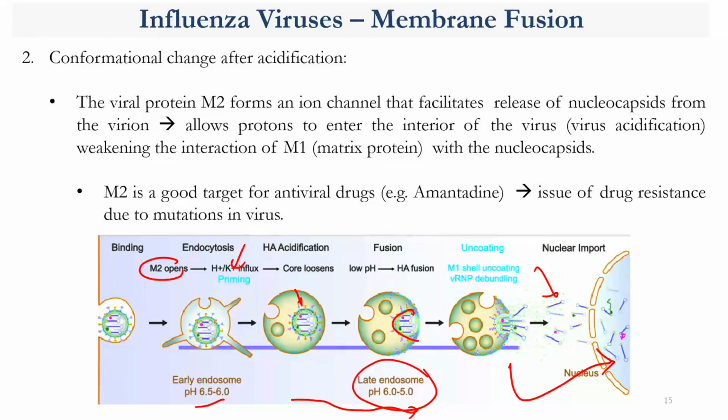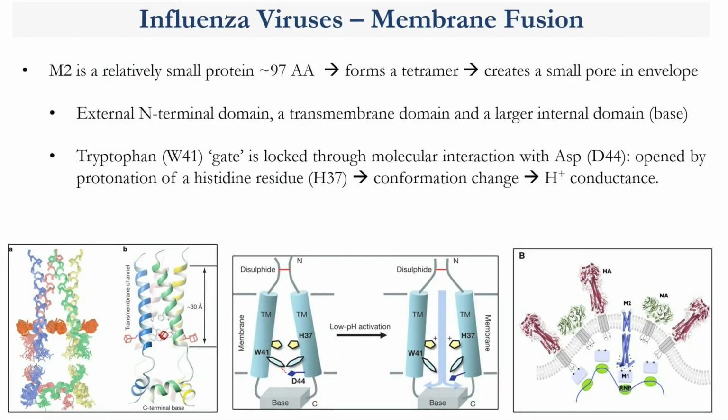So just to show you guys, M2 is a relatively small protein, only about 97 amino acids, but it does form a tetramer. And as it does that, it creates a small pore in the viral envelope. So here you can see the C-terminal base, and here's the N-terminal region. Okay?